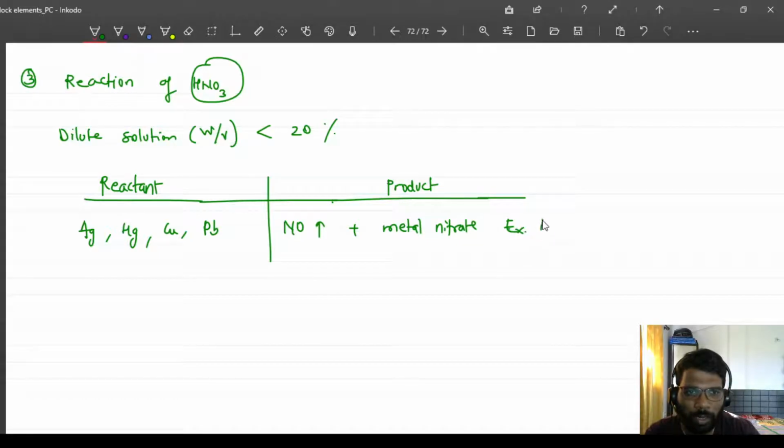For example, it is AgNO3 or mercury nitrate or copper nitrate or lead nitrate. That is how it is going to be. This is the first thing.